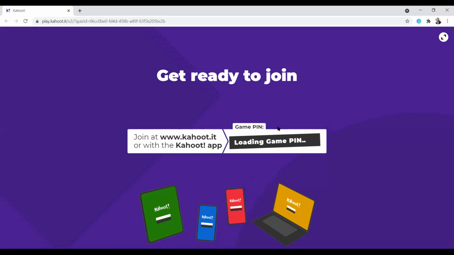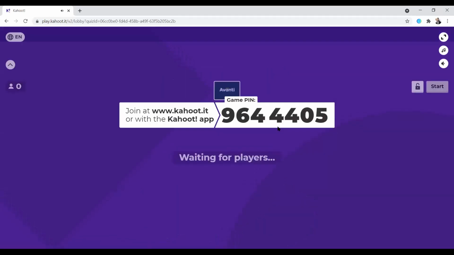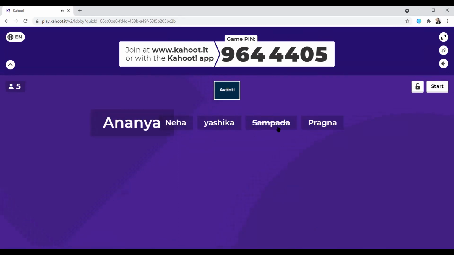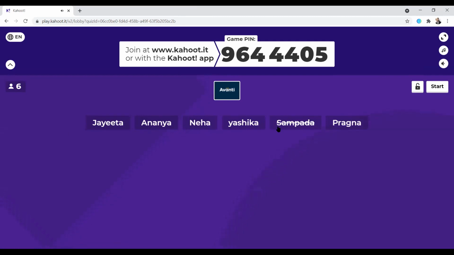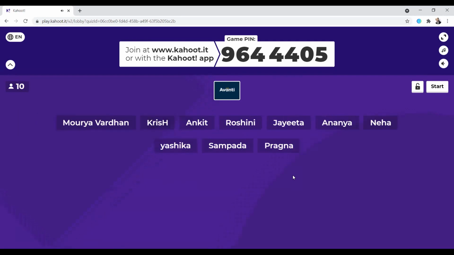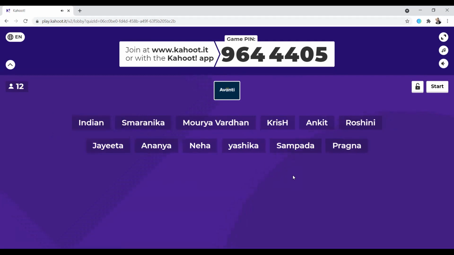All can join with the pin. जल्दी सब ज्वाइन करेंगे.